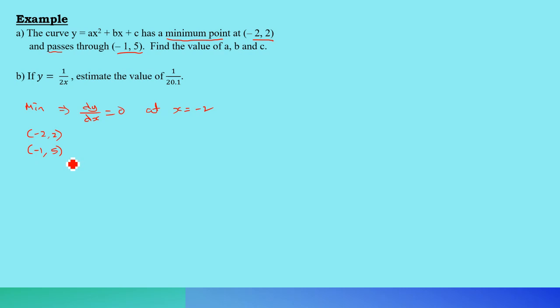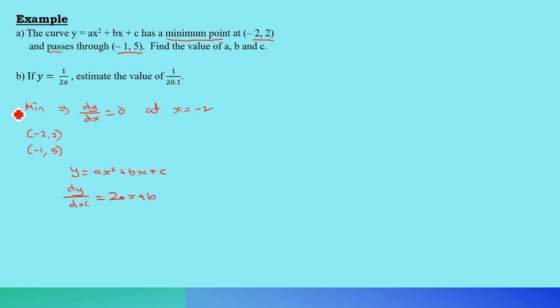So you will have 3 equations. So let's form the first equation. When you say dy/dx equals 0, we need to differentiate. So y is ax squared plus bx plus c. When you differentiate this, you get 2ax plus b.